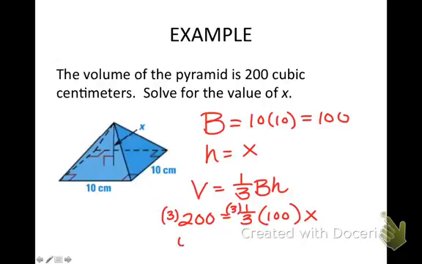So now we get 600 equals 100x. So what does x need to be? 6, right? Divide 600 by 100. So my height is 6 centimeters.